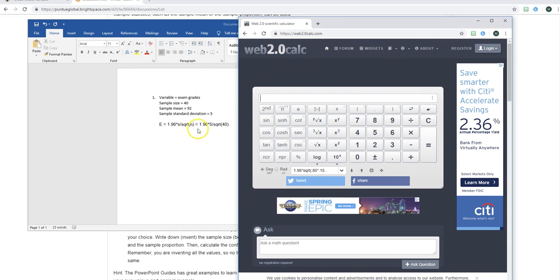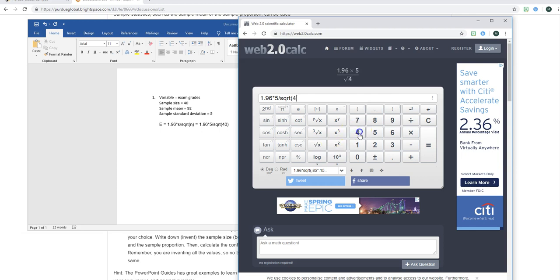And so here's what I'm getting ready to put in. I've got 1.96 times a 5, which was my sample standard deviation, divided by, I'm going to hit the division button. And then for square root, it's this button right here. So I'm going to click square root. Notice it actually even uses the SQRT notation.